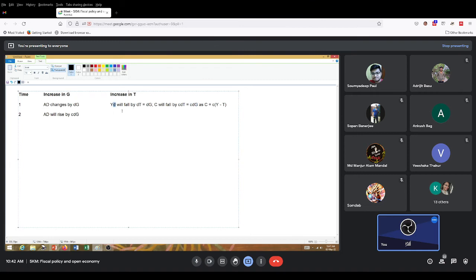Now in the first period, your income had fallen by c into dG. In the second period, what will happen? How much will your income fall? Aggregate demand will fall by c into this amount, which is equal to c square dG. In the third period, how much will aggregate demand rise?